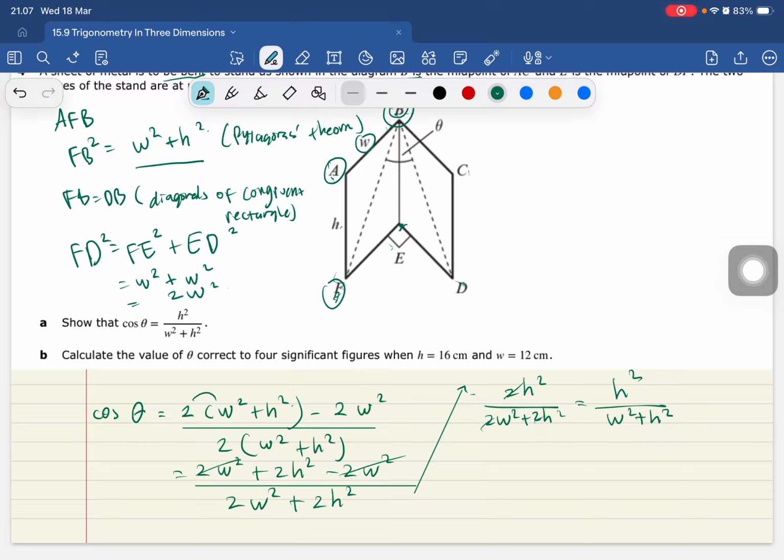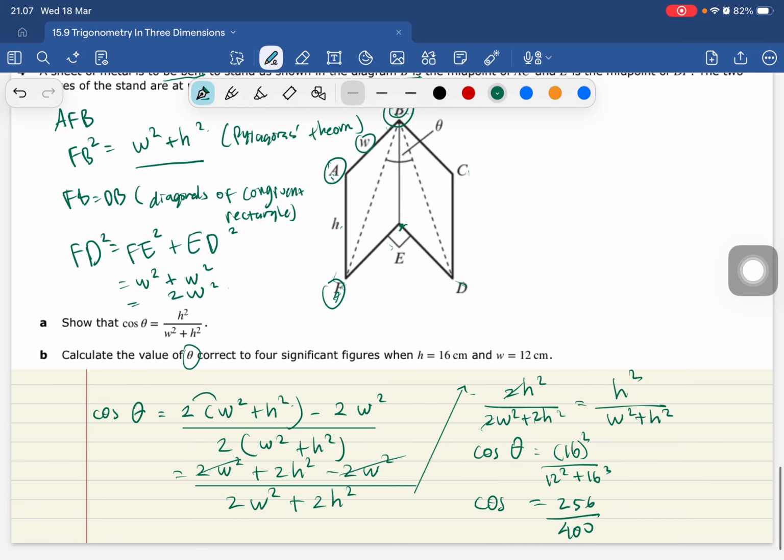Okay, we prove it. So we need to calculate the value of theta correct to 4 significant figures. If H equal to 16, W equal to 12, so cos theta equal to 16 square divided by 12 square plus 16 square. You need a calculator for it. So 16 square is 256. We divide by 12 square plus 16 square, it's 400.